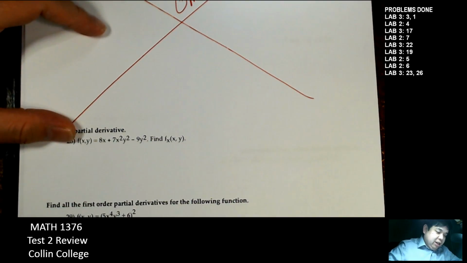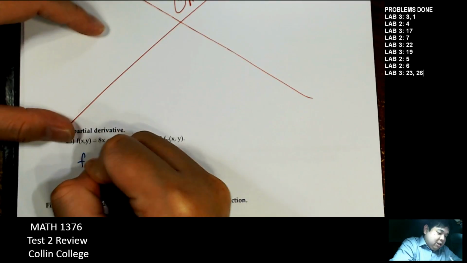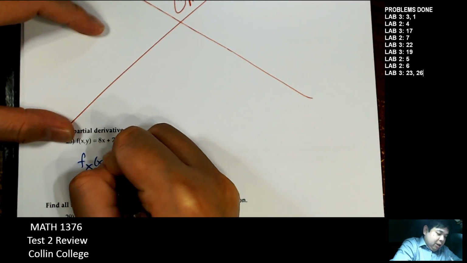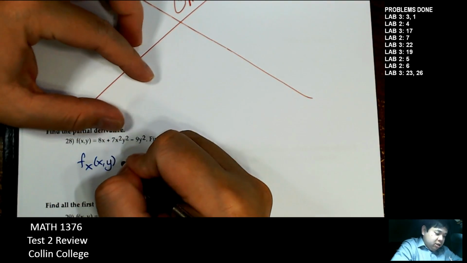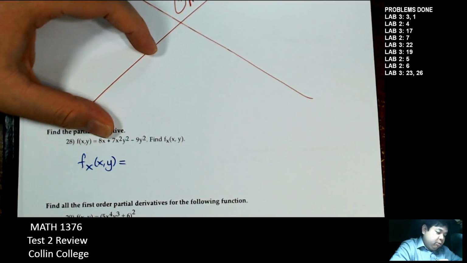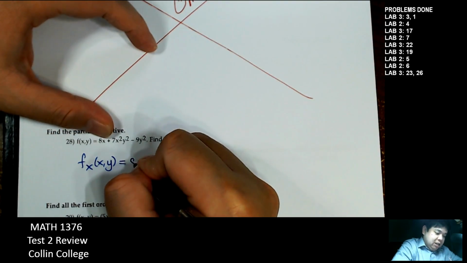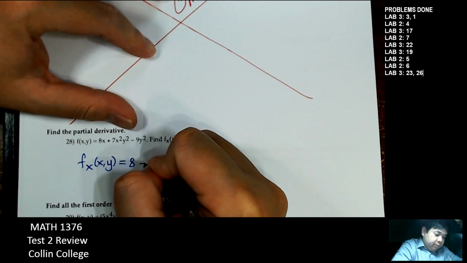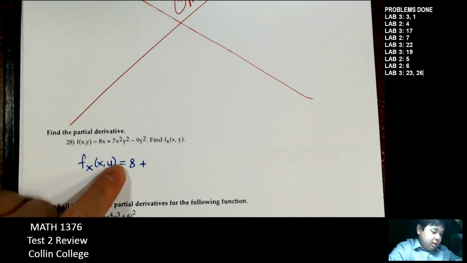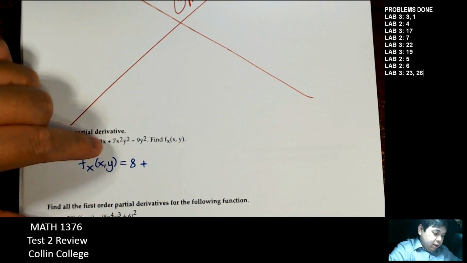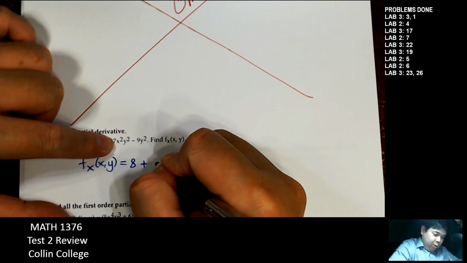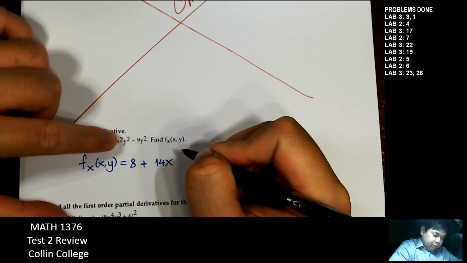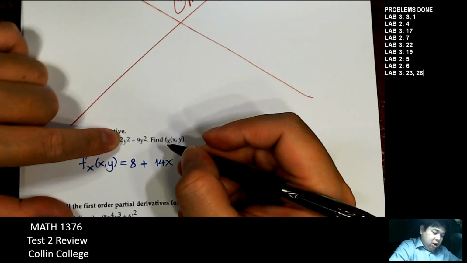That's simple enough. So derivative with respect to x. We treat y as a constant. So first, ax derivative with respect to x will be 8. That's normal. Next, with respect to x we have 14x. Then y squared is a constant.